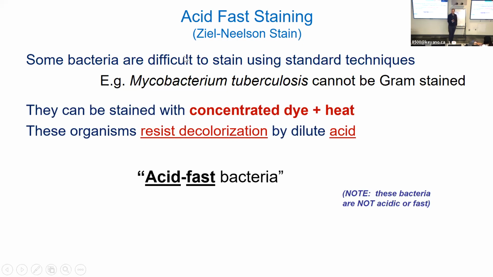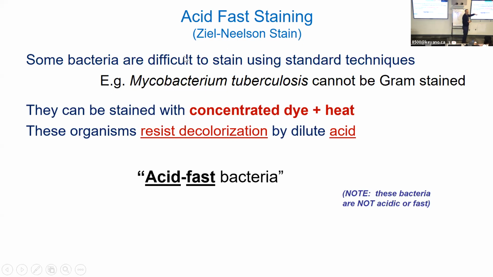The bacteria themselves are not acidic or fast. Okay, they're not speedy. There is an acid used in the process, and fast means holding, right? If I told you to stay fast, it might mean hold still. It's one of those weird English flukes where we have a word with multiple meanings, like half the English words out there, unfortunately.